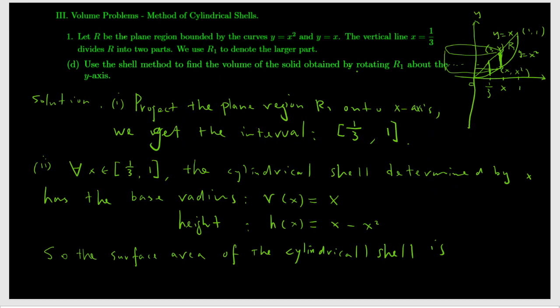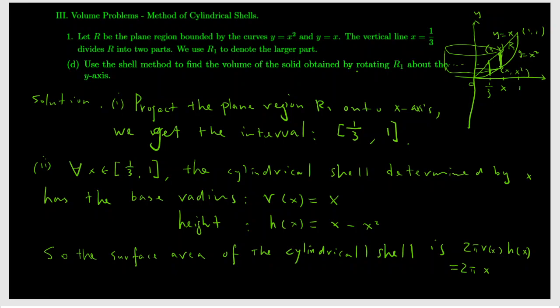So the surface area of the cylindrical shell is, I do not want to introduce a notation even, okay. So that makes sense. It's 2 pi r of x, and then times h of x. In this particular case, do not forget 2 pi, okay? 2 pi r of x. I think in this particular case it's x.